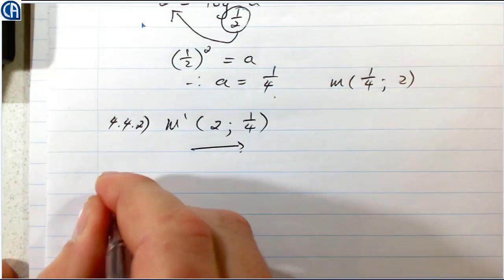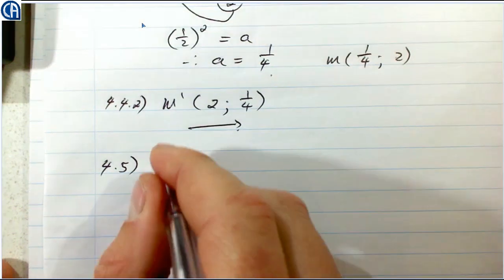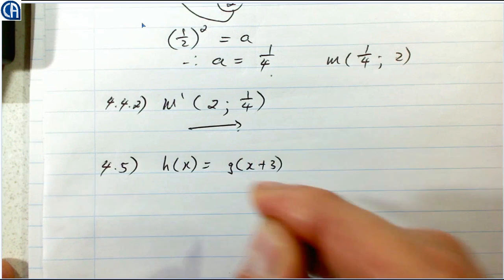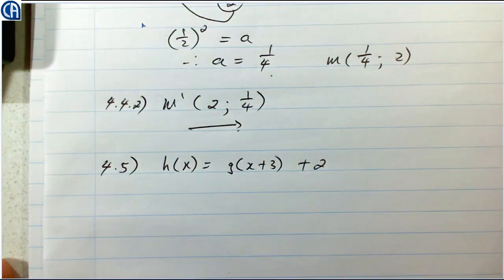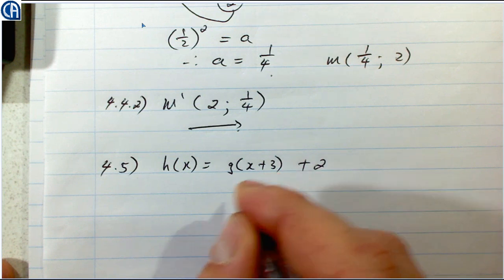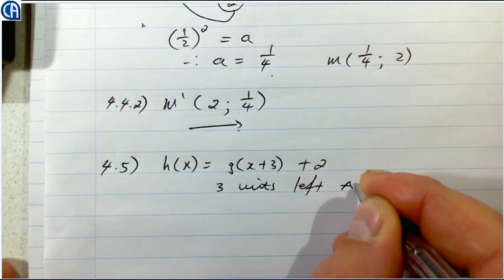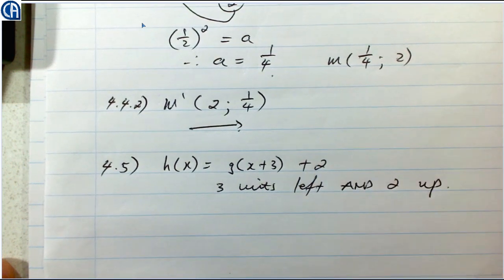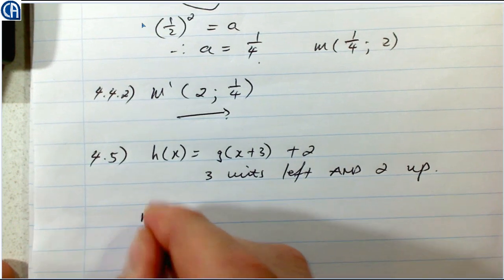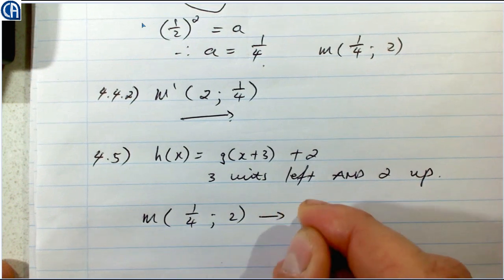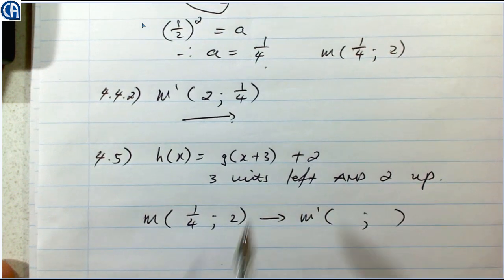4.5. If h of x is equal to g of (x + 3) + 2, write down the coordinates of m1 on h. Alright, now this means the graph is shifting 3 units left and 2 up. So if we take m, which is (1/4; 2), to get m1, shift this 3 units to the left.